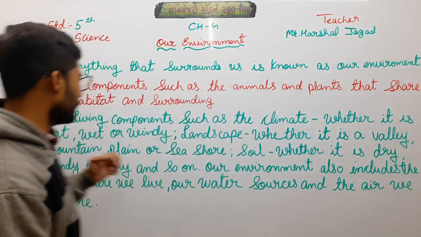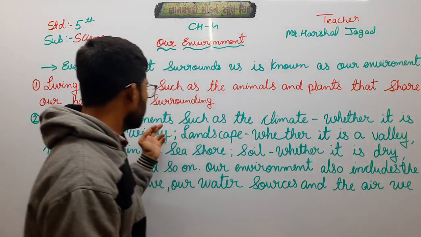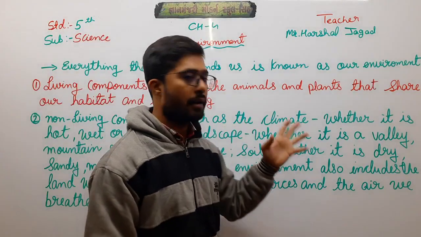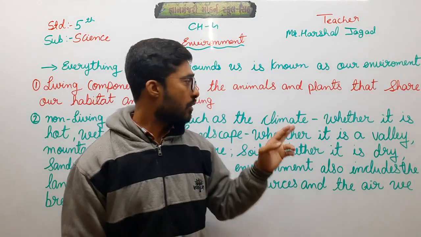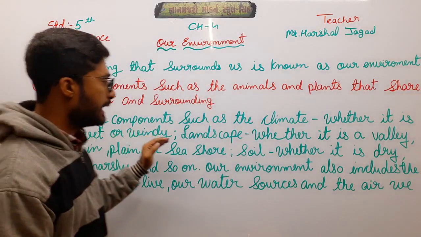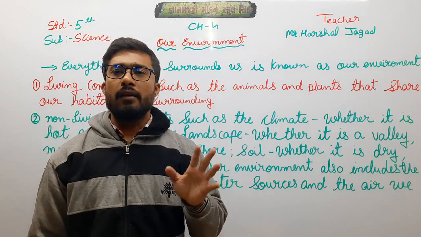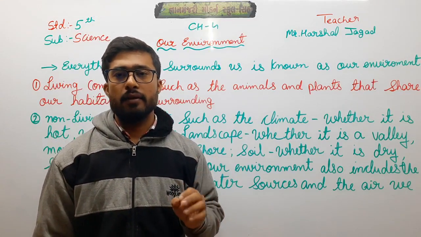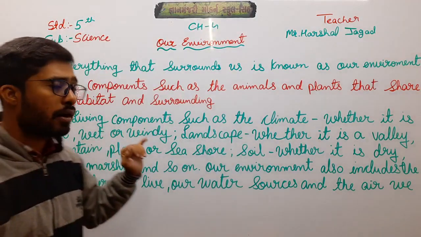So the non-living components of environment are such as the climate. Why? Because whether it is hot, wet or windy, there are different kinds of weather.